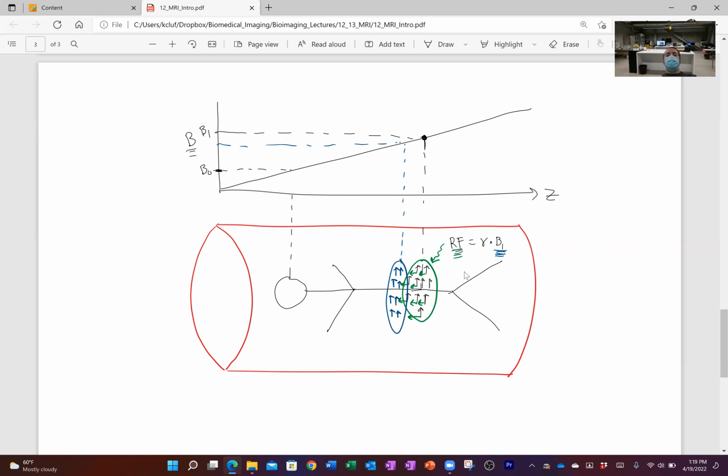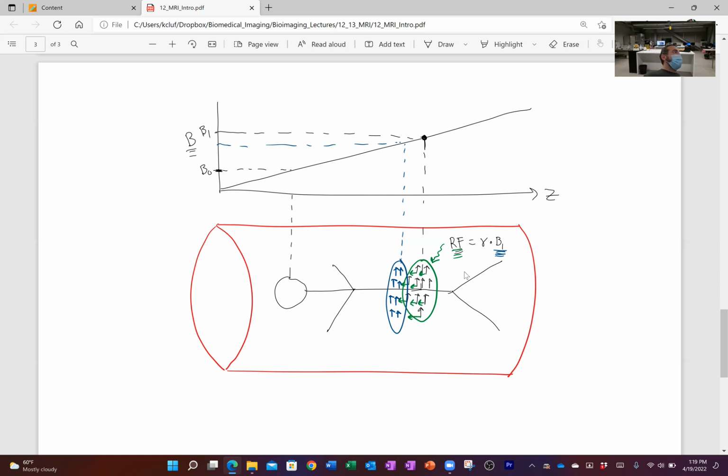And so this frequency, okay, we call that the Larmor frequency, okay? The frequency at which the RF pulse matches the frequency of precession is the Larmor frequency, okay?